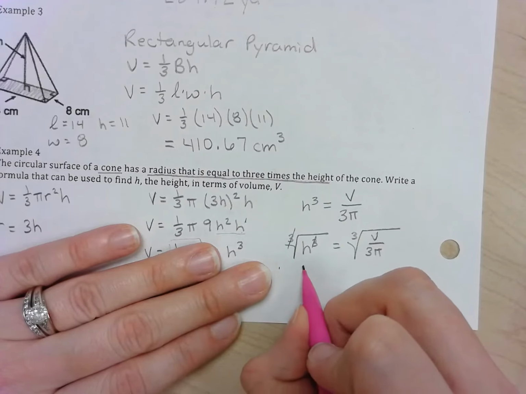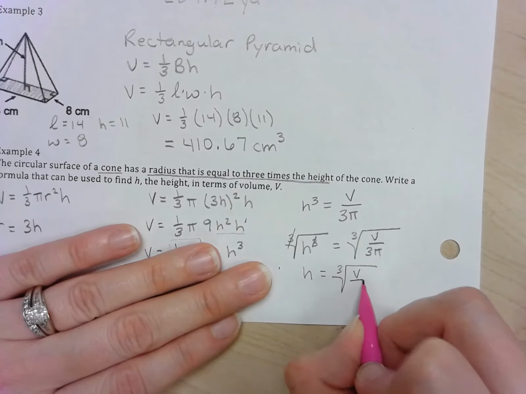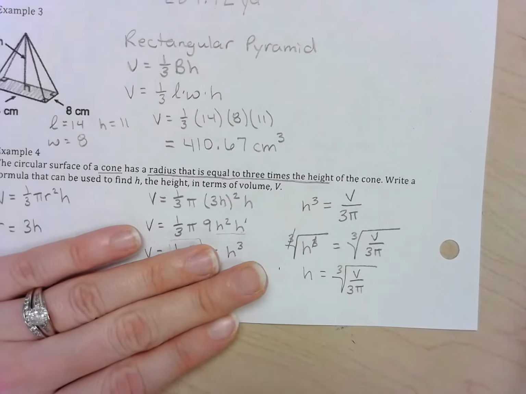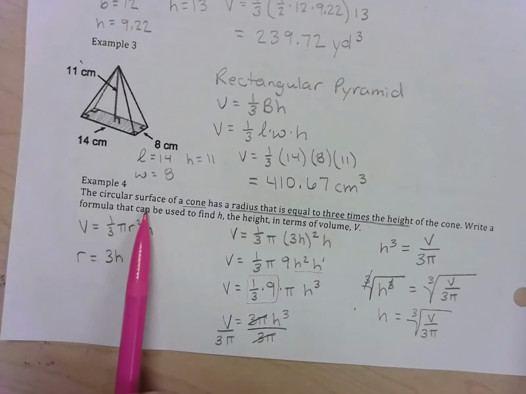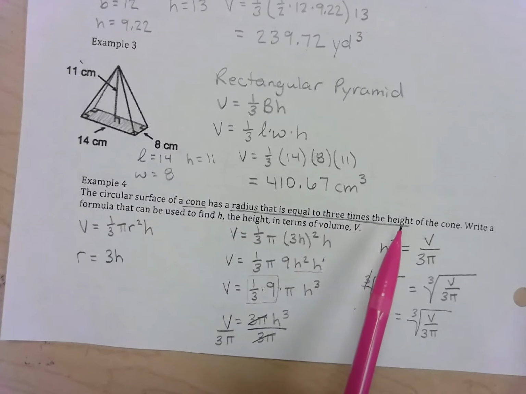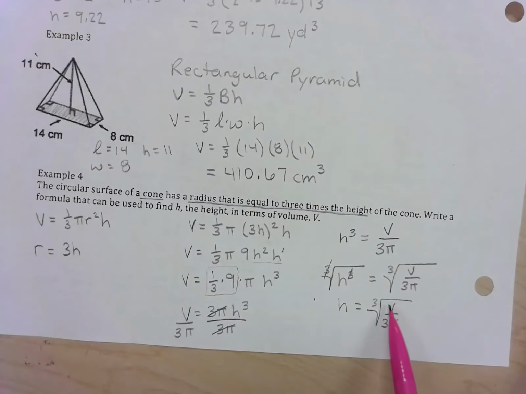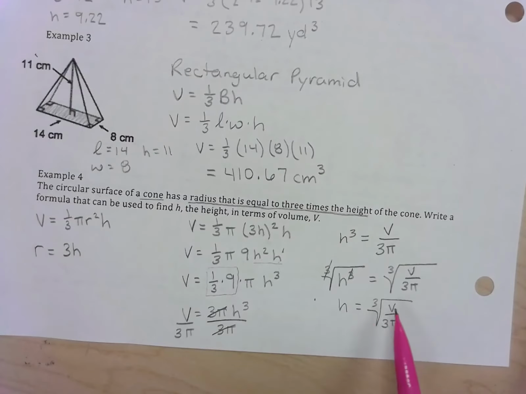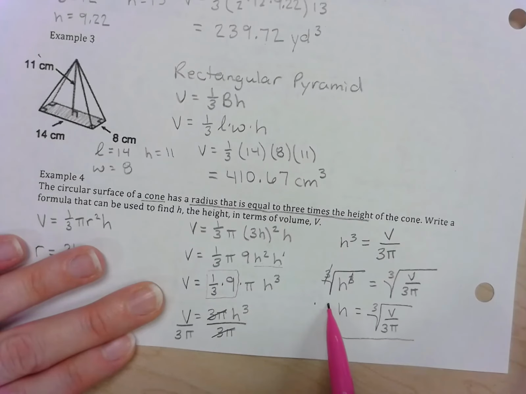So h is going to equal the cube root of v over 3 pi. So now, if you had a cone with a radius that's equal to 3 times the height, doesn't matter what that height is, we could find that volume, plug it in, and be able to very easily calculate the height now with this formula that's in terms of v.